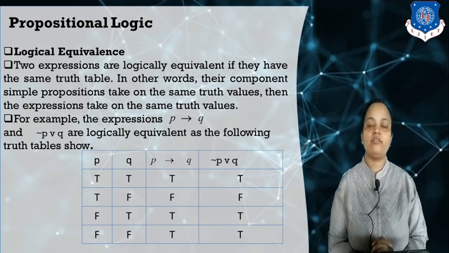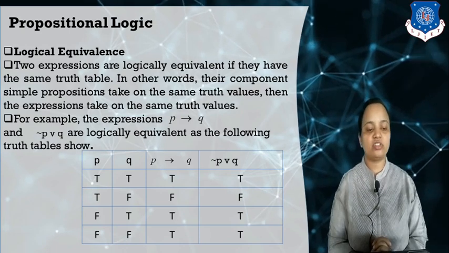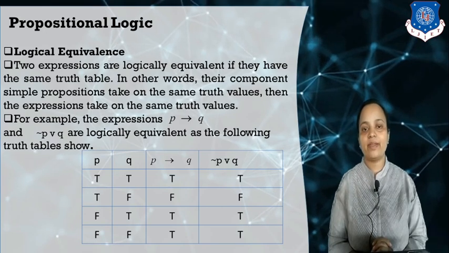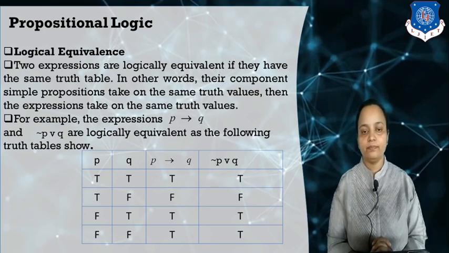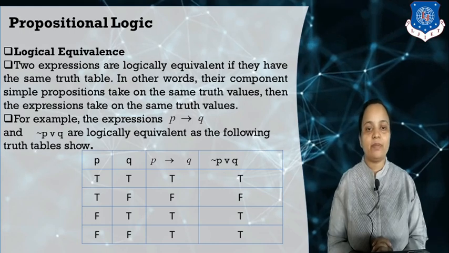Here I have taken two examples: P implies Q and complement of P or Q. As we know, the truth table for P implies Q is false only when P is true and Q is false, otherwise it is true.